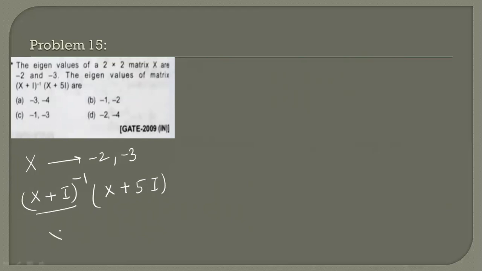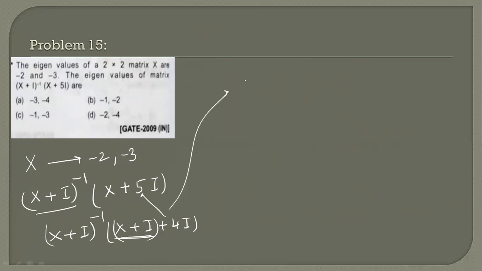You want (X + I) inverse, so make it X + I inside also. So X + I + 4I, the sum will be X + 5I. Now take X + I as if one term. If you multiply (X + I) inverse by (X + I + 4I), you will get identity plus 4 times (X + I) inverse. (X + I) inverse times (X + I) will be identity, plus 4 times (X + I) inverse.